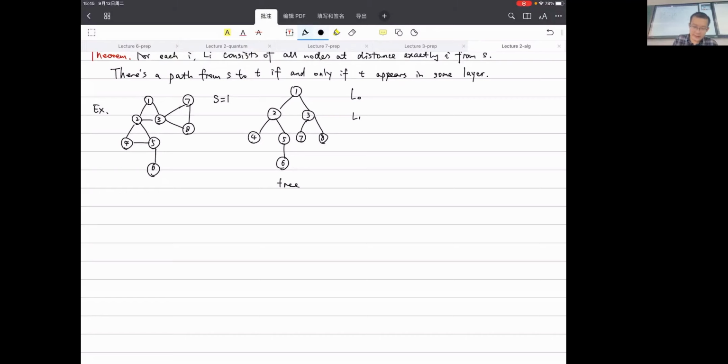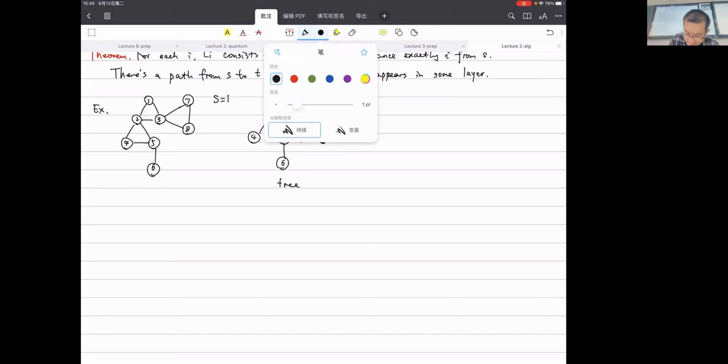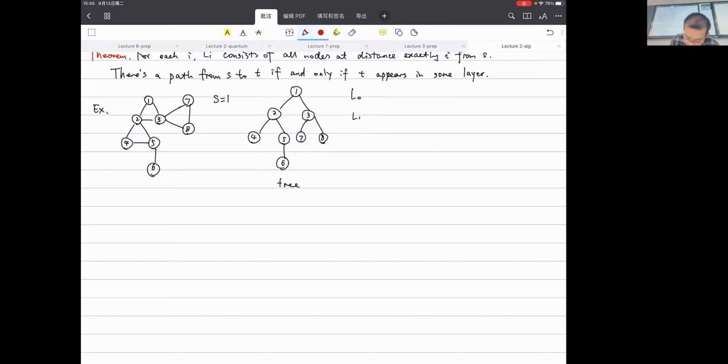This tree is simpler than the original graph, and let's use some red color here. You see there exists an edge between 2 and 3, an edge between 4 and 5, and an edge between 7 and 8. So we use this red color to represent edges of G that do not belong to the tree.